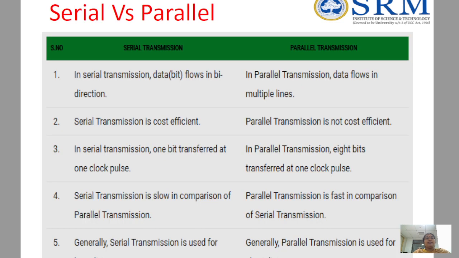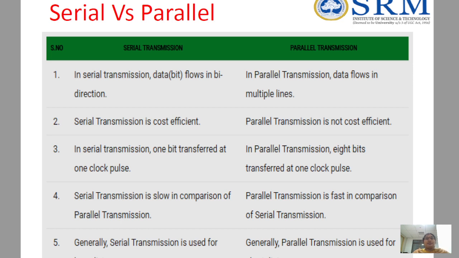So the difference between serial and parallel data transmission is, in serial data transmission, the data bits flow in a bidirectional form. In parallel data transmission, the data flows in multiple lines. Serial data transmission is cost efficient. Parallel data transmission is not as cost efficient as serial data transmission.